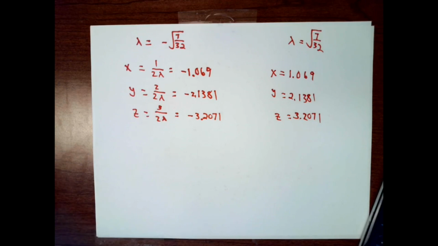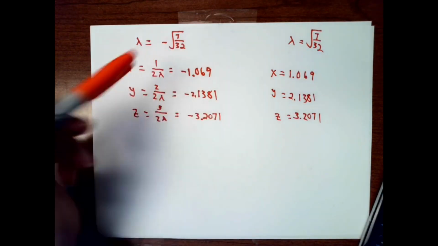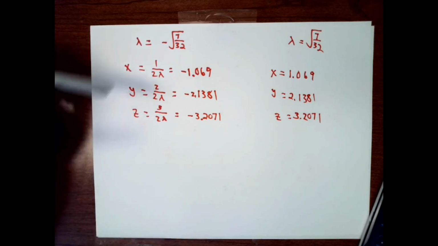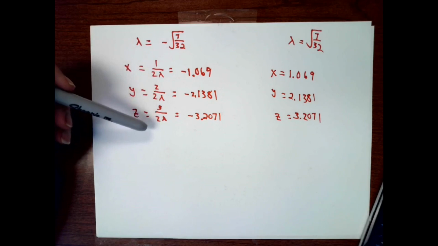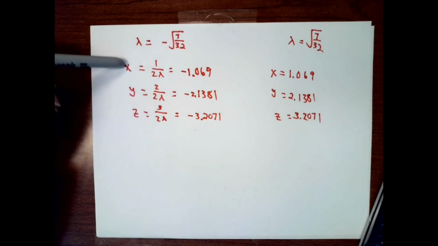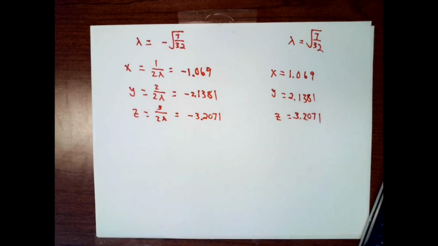The other lambda is the negative of that one. So in these formulas, if I just flip the sign on the lambdas, all it does is flip the sign on the x, y, and z, so I can get the other candidate without having to do any work.